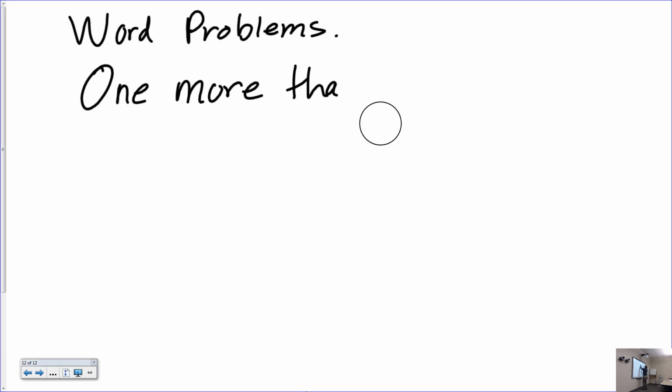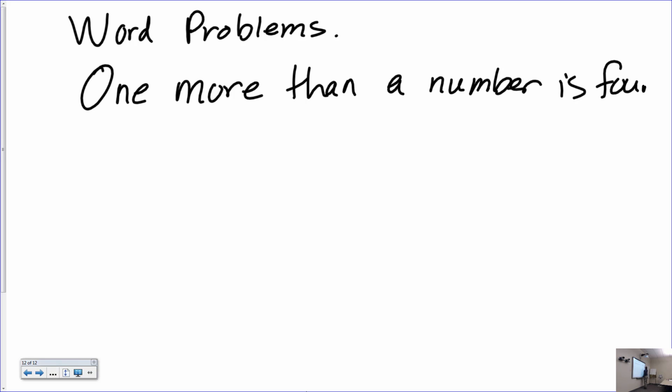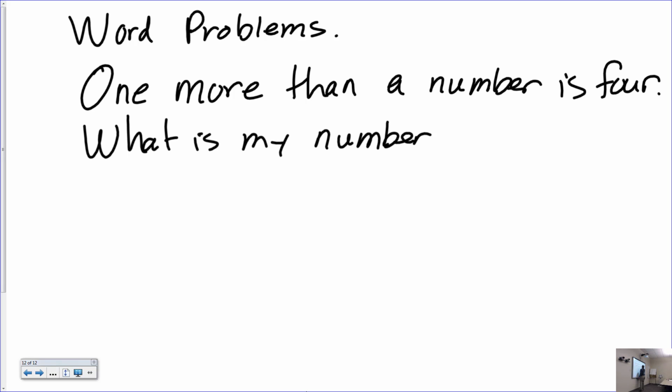One more than a number is 4. What is my number? X equals 3.